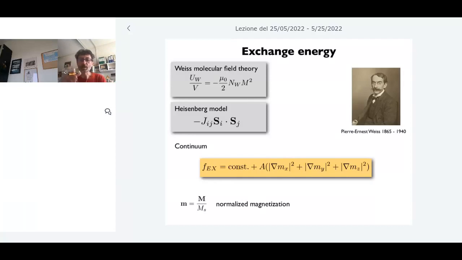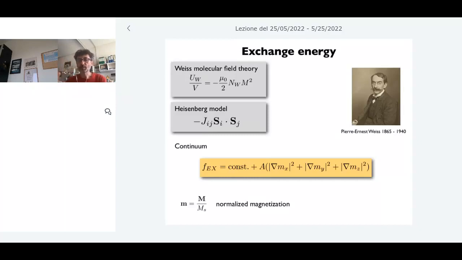The boundaries between domains are not expected to be on a single layer of atoms, because we are aiming to build up a continuum theory. So we want things that change continuously, and we want to express what is the energy that we have to spend in this non-uniform alignment of the magnetization vector.